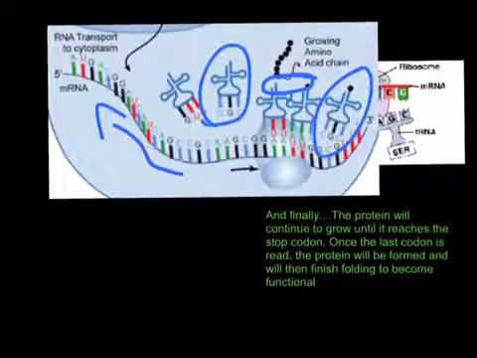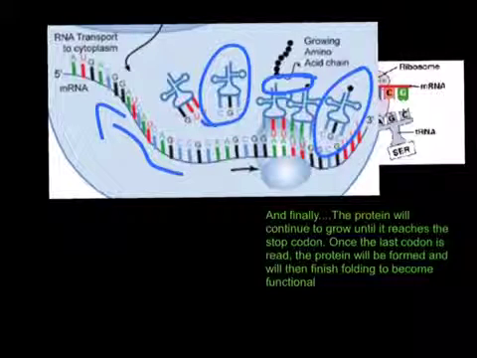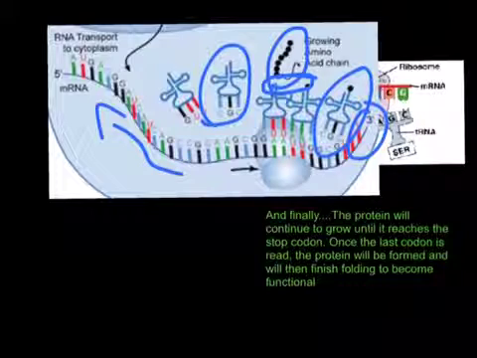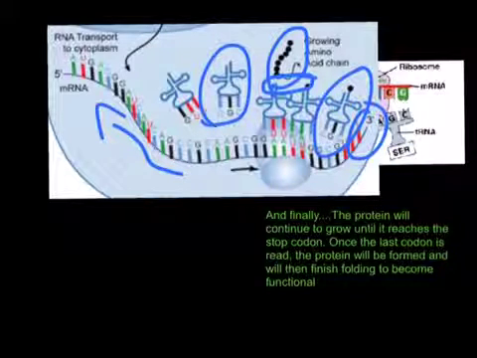And finally, the protein will continue to grow until it meets a stop codon. Once the last codon is read, the protein will be formed and then will finish folding to become functional.